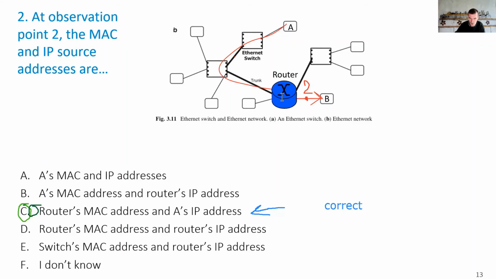So A sends to the router from the viewpoint of Ethernet, and the router sends to B from the viewpoint of Ethernet. So at 2, you will see a packet at the MAC layer coming from the router. But of course, at the IP layer, it happens exactly the same way as in the previous slide, where the IP layer takes the role of the MAC layer, and the IP source address is the IP address of A. Excellent. Clear all drawings and continue.